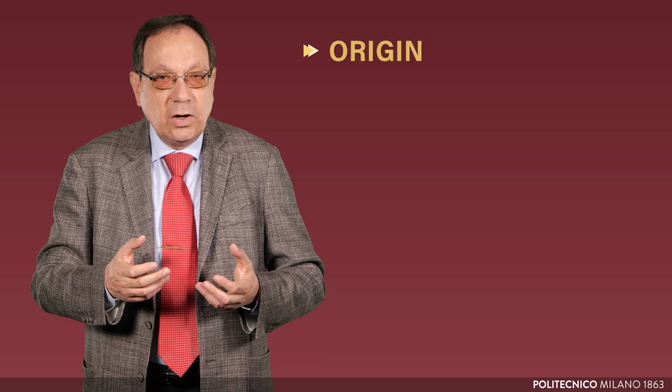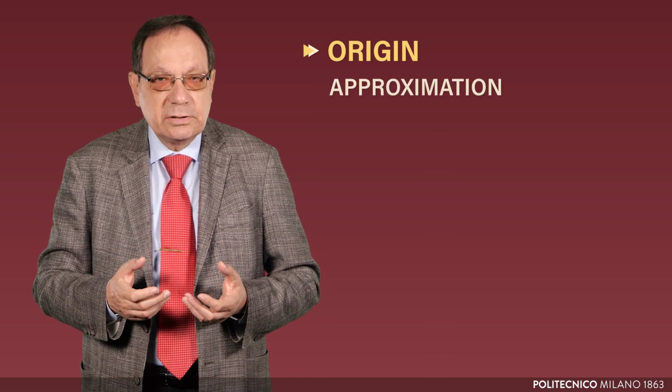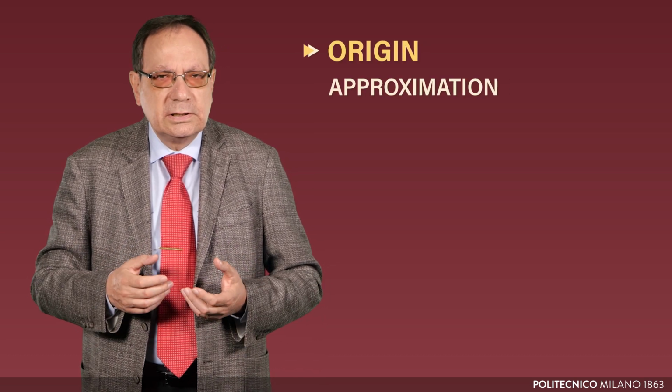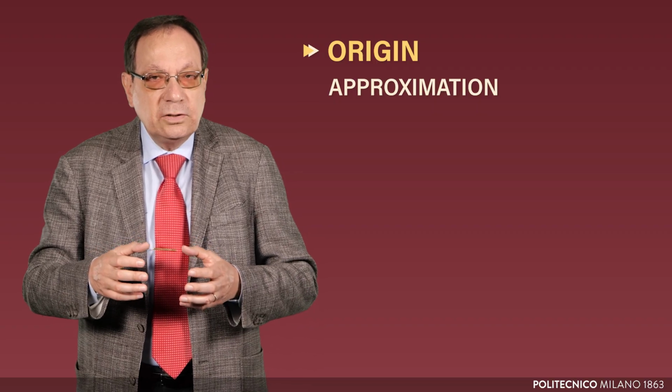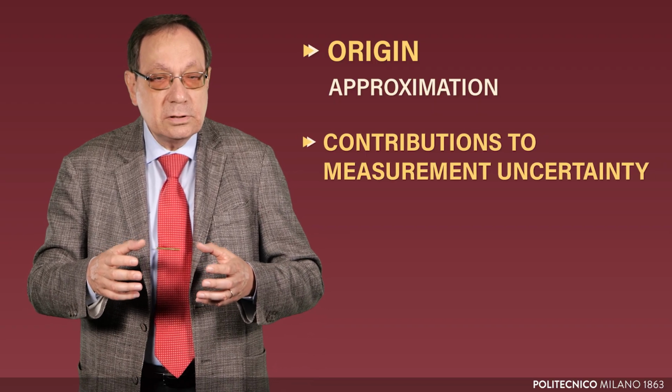A more in-depth analysis of this model will therefore allow us to identify the origin of such approximations, or to use a term that is correct from a metrological point of view, the different contributions to measurement uncertainty. Understanding their origin is therefore the first step towards their evaluation.